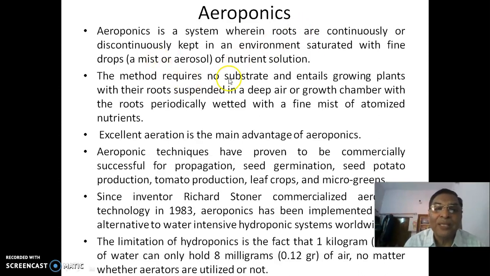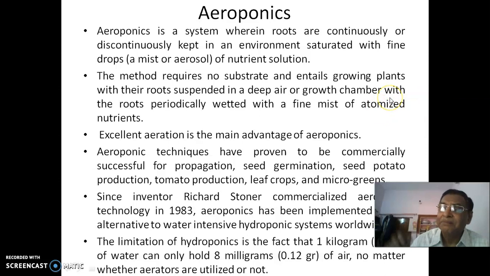The method requires no substrate. There is no inert material supporting the roots, but we support the stem. It entails growing plants with their roots suspended in a deep air or growth chamber. There will be a chamber for the roots because a lot of aeration is there.